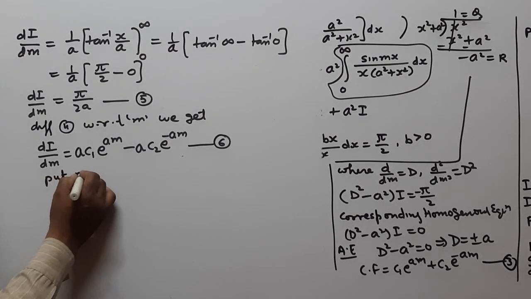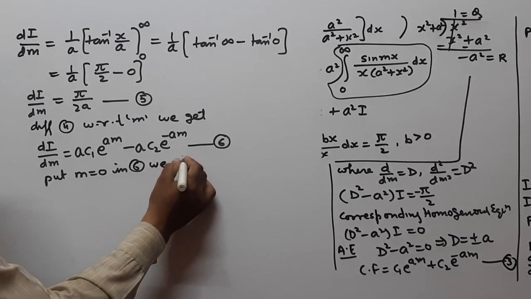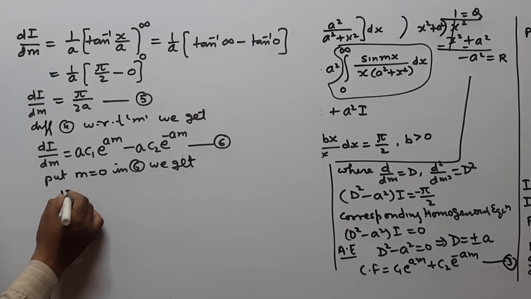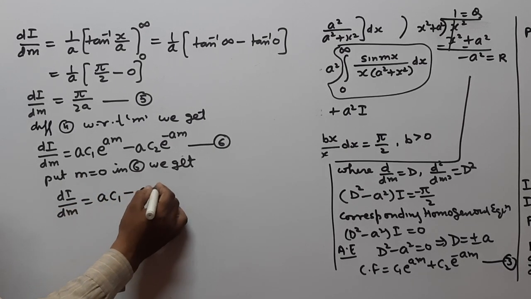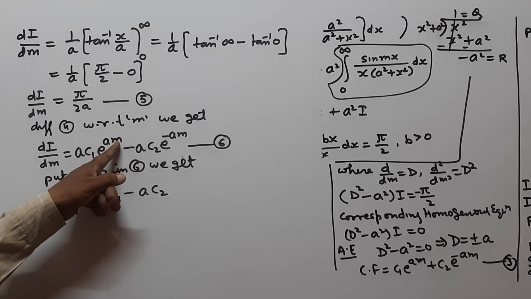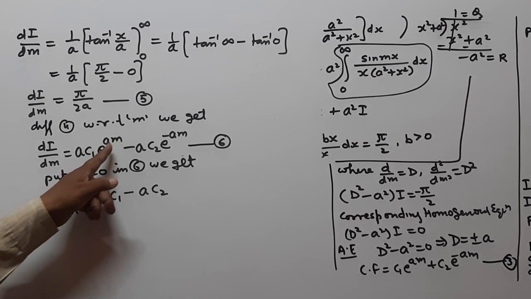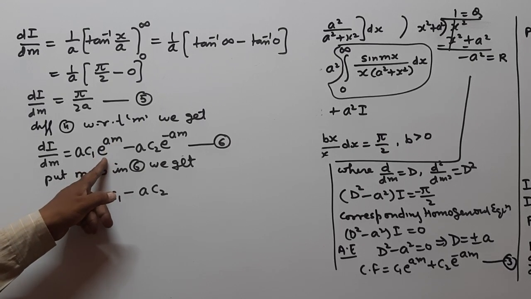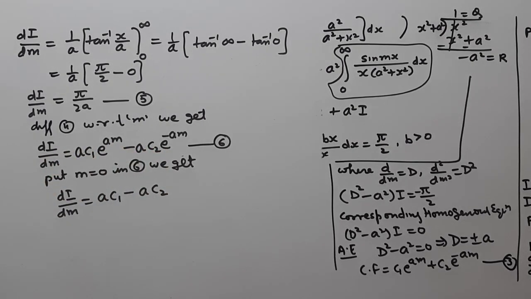Put m is equal to 0 in 6, we get dI upon dm is equal to ac1 minus ac2, because when we substitute m is equal to 0, e to the power a into 0 is e to the power 0, that is 1, and here is also 1, so this is ac1 minus ac2.